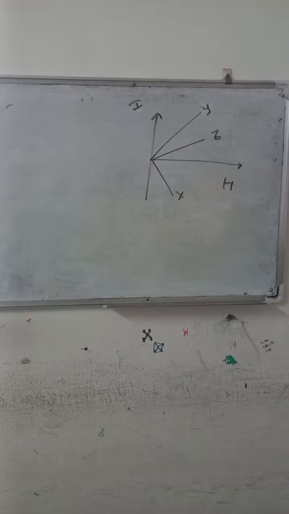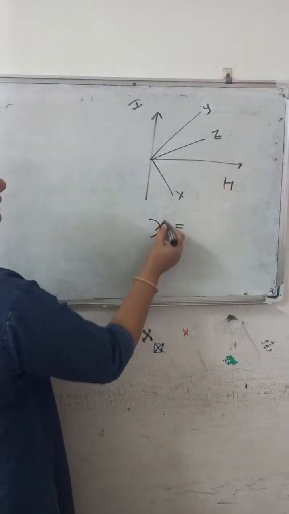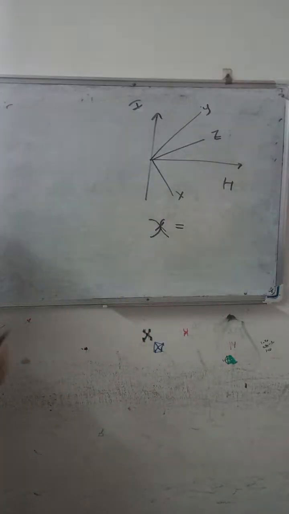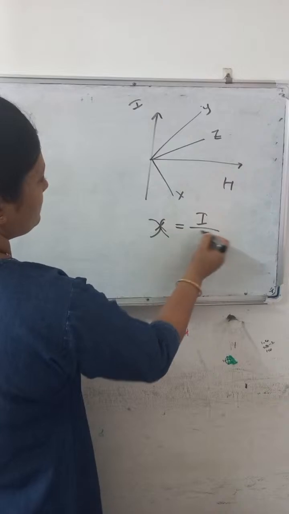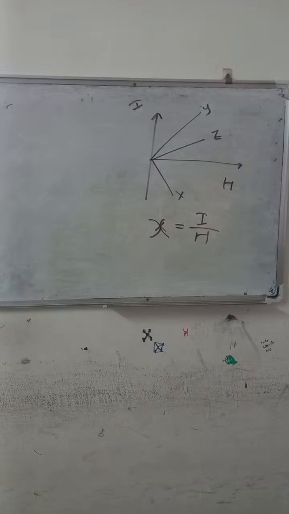So susceptibility: if you take the ratio of I by H, indirectly they gave the susceptibility. So susceptibility, chi or psi, is nothing but I by H, where I is the intensity of magnetization and H is the magnetic field intensity.